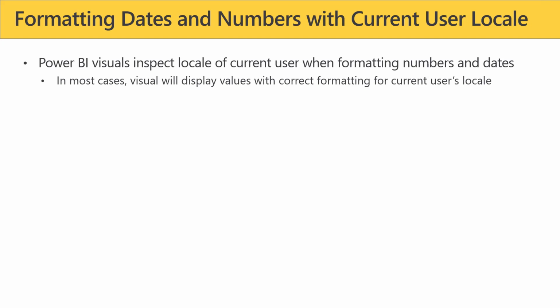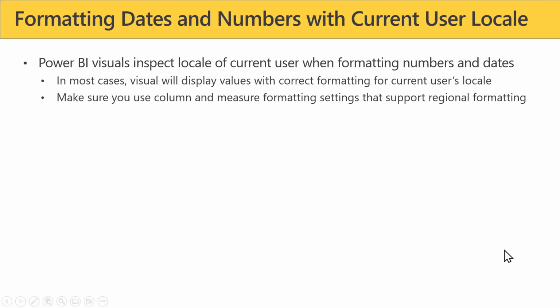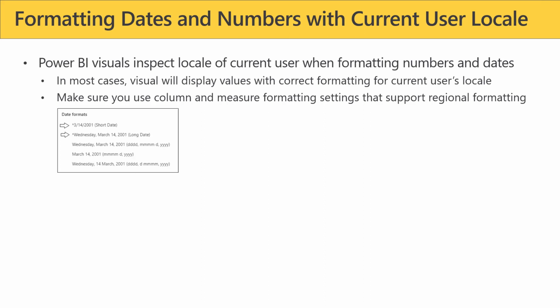More specifically, the visual will take a value, it will look at the user's locale, it will look at the formatting string for that particular value, and from those two things, it will do the formatting. So what we're going to see is that it will just work out. What you have to do is make sure you use formatting strings that support regional formatting.